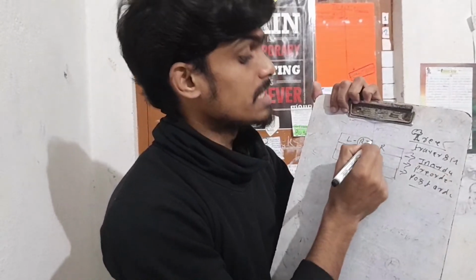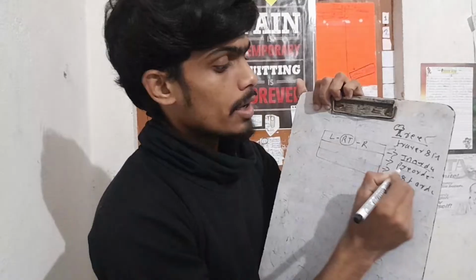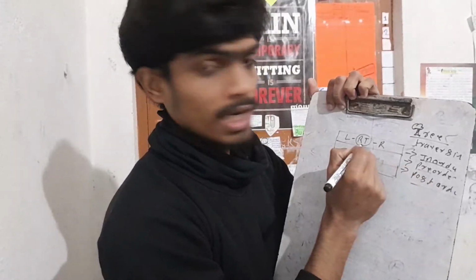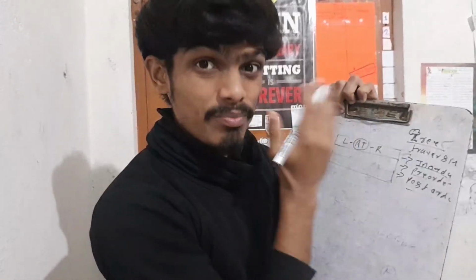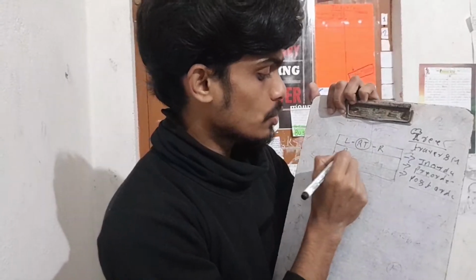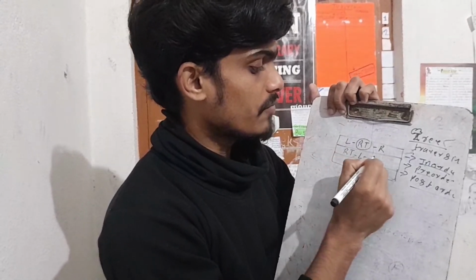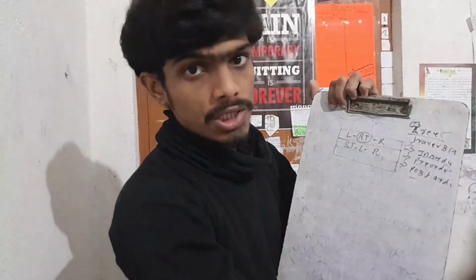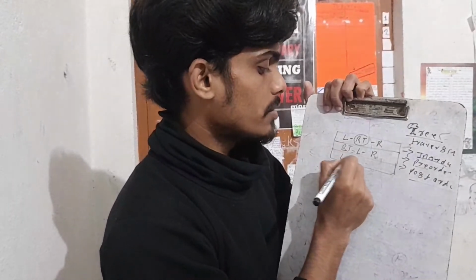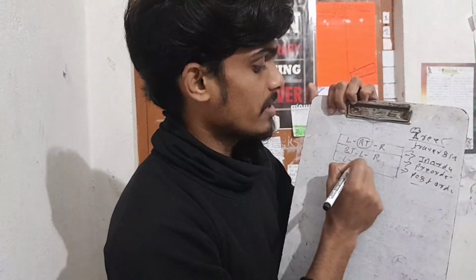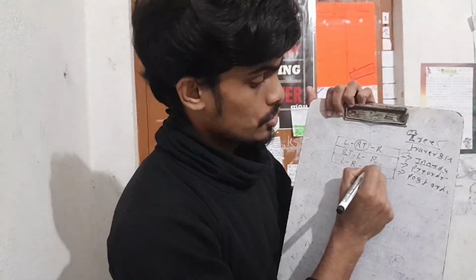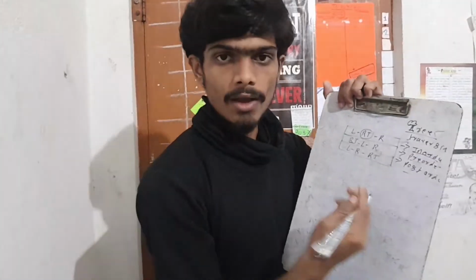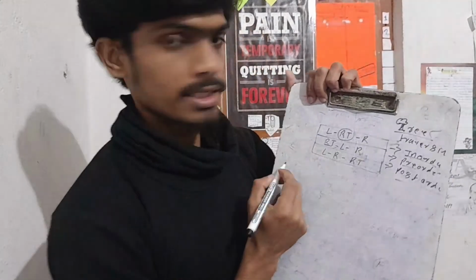In order means the root is inside, between the left and right. In pre-order, the root is before left and right, so root will be in the beginning and then left and right. In post order, the root will be in the post, means after left and right. So its expression seems like left, right, and root. Fine. So these are the three expressions.